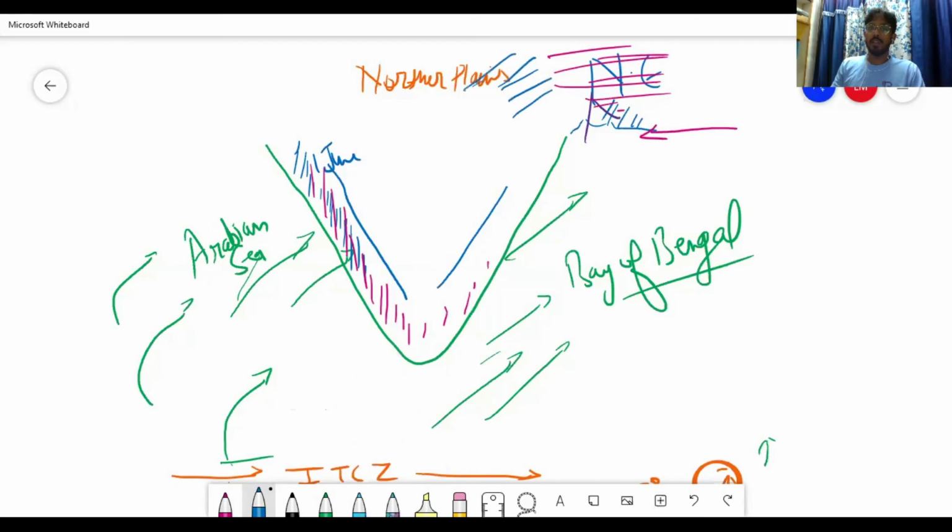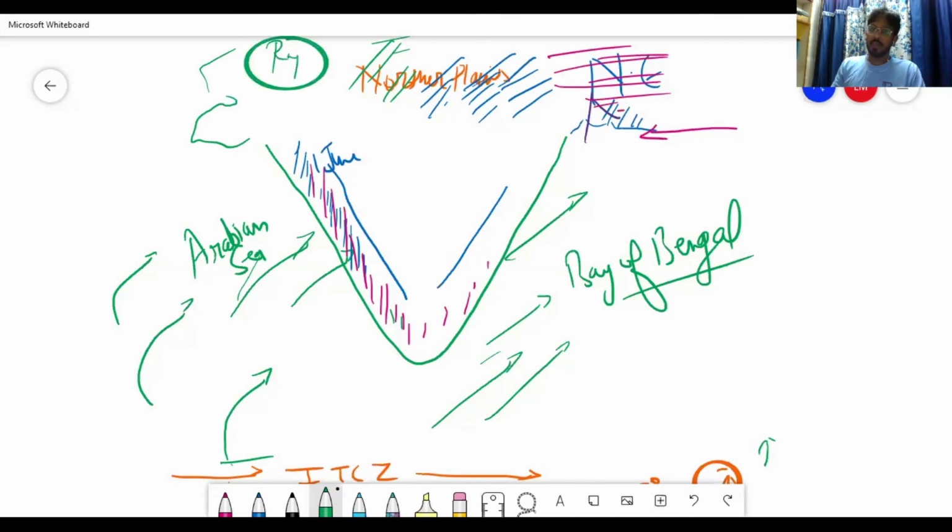Now it will have less rainfall, then less rainfall, and it will also have less rainfall. So the Western Ghats, this part and the northeastern states will have heavy rainfall. While moving towards the west side, rainfall will be lesser. And if you come to Rajasthan, Saurashtra, Gujarat, in Rajasthan the rainfall will be lowest, right?